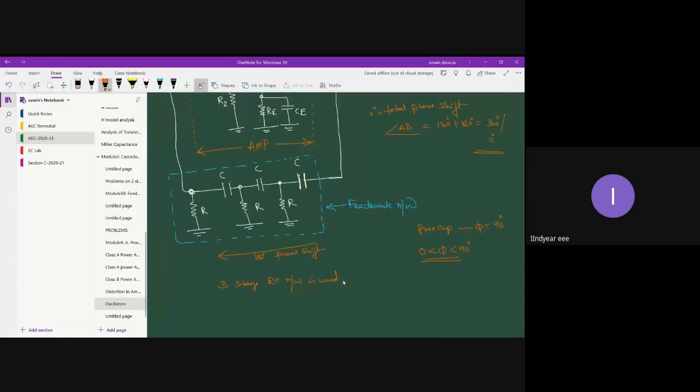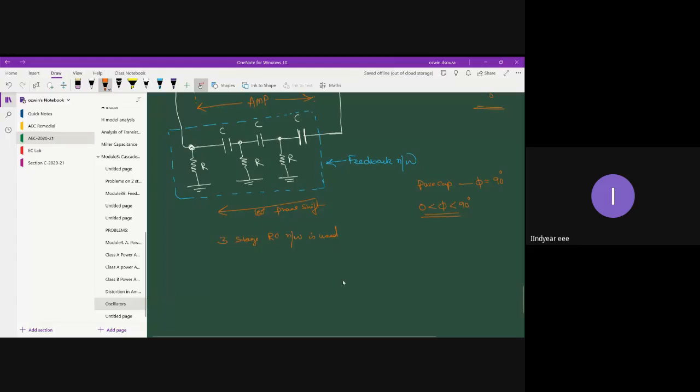Now, what is your ultimate aim? Your ultimate aim is to get 180-degree feedback, right? So you're using a 3-stage RC network. That means each stage should give a theoretical phase shift of 60 degree, because 60 into 3 is 180 degree. So each stage should give a theoretical 60 degree, right?